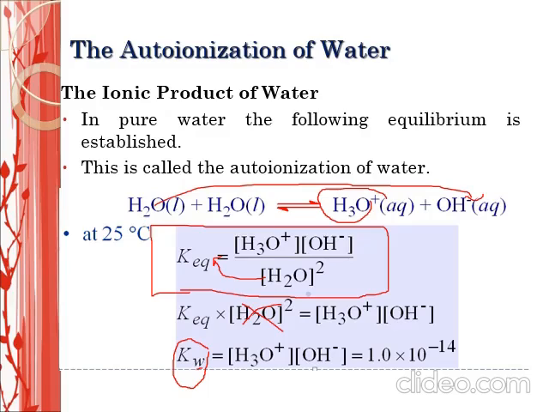W refers to water, K is constant. So Kw equals H3O plus concentration times OH minus concentration equals 1 times 10 power of negative 14. Now you must memorize this expression here. You have to memorize.